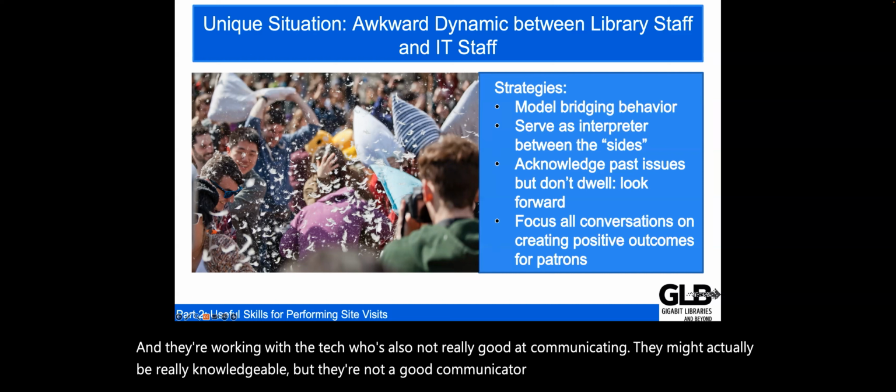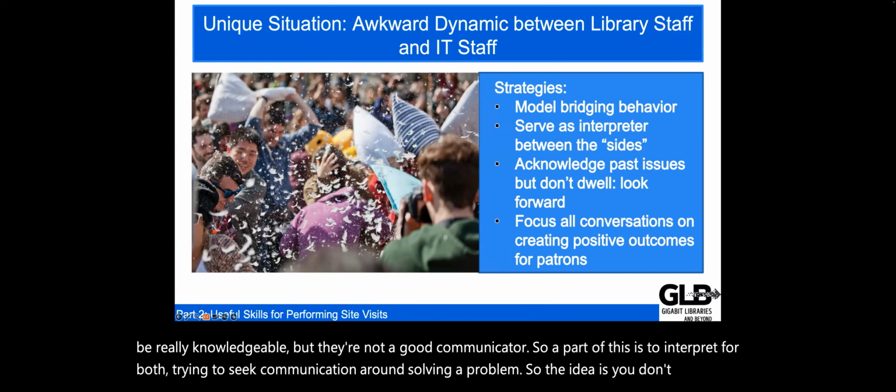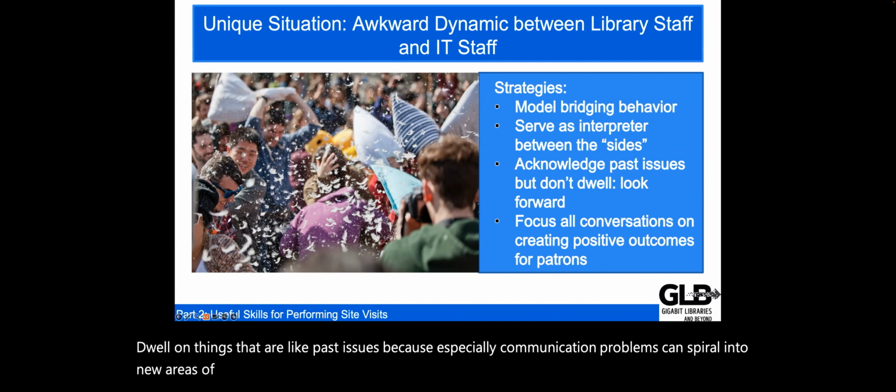So part of this is to interpret for both, trying to seek communication around solving a problem. The idea is you don't dwell on past issues, because especially communication problems can spiral into new areas of discomfort, and they're actually not relevant here.